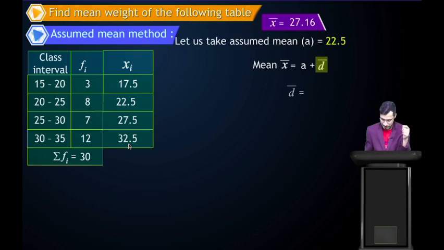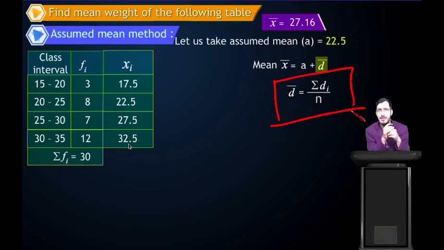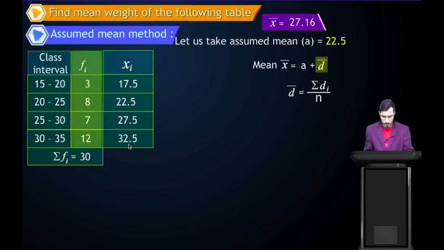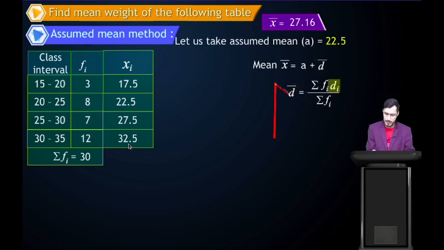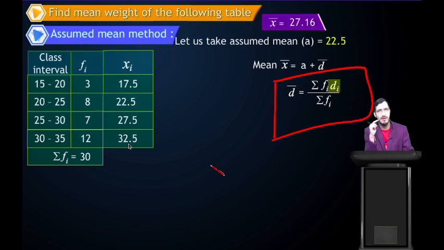And what is d bar? It is equal to sigma fi di upon sigma fi, where d stands for deviation, and n is the total number of observations.